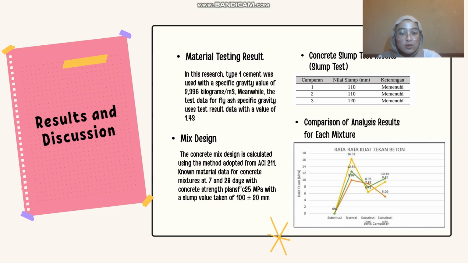The table shows the same slump value occurs in the first and second mixtures, with a value of 110 mm, but in the third mixture there is a difference in the slump value, namely 120 mm, in the fourth to sixth mixing.